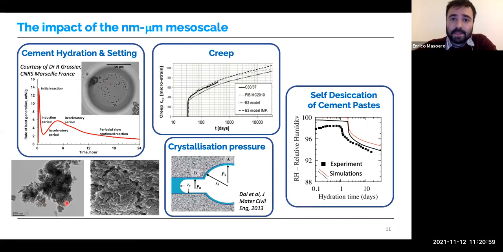Morphologies are generated in this range scale, complex morphologies and porosity. Phenomena like creep and the stress relaxation that drives creep originate at the micrometer length scale. And if we think about crystallization pressure or capillary pressure caused by self-desiccation, for instance, this is also something that occurs between the nanometers and the hundreds of micrometers length scales.